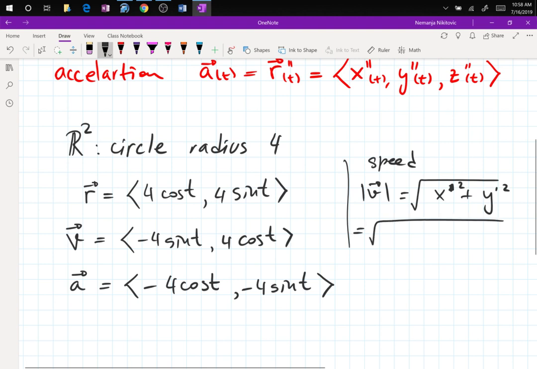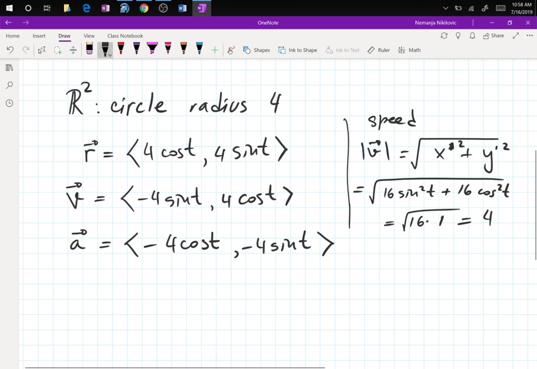So we have a square root of 16 sine squared t plus 16 cosine squared t, which is equal to, you factor out 16, so it's a square root of 16 times 1, because sine squared plus cosine squared is 1, and you get that the speed is 4. So if the position is given in, let's say, meters, then this would be 4 meters per second on the speed.